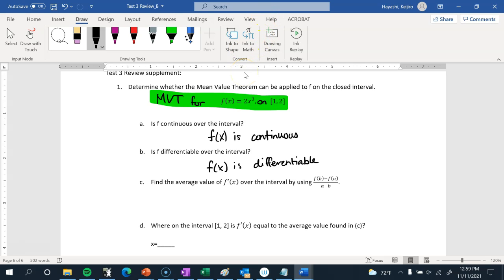Now, what you're wanting to do is essentially, so here is the interval from 1 to 2. And you don't have to draw this many lines.